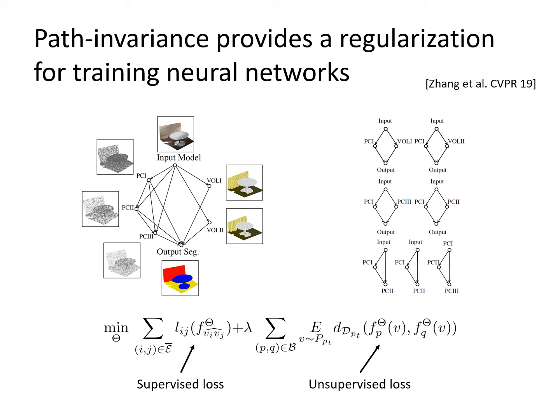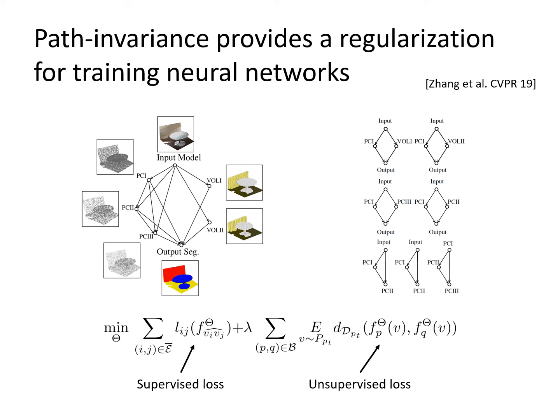In the language example, we have two edges where we can impose supervised loss, given sufficient training data. The unsupervised loss enforces the invariance property among path pairs in the path-invariant basis. In the language example, we have one such constraint, and it involves unlabeled data.